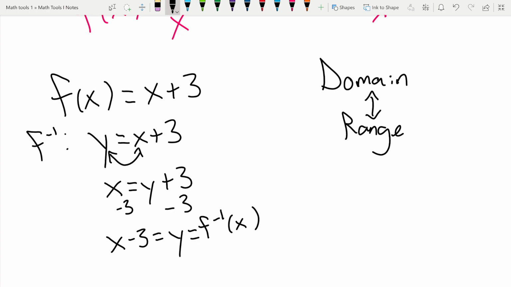It's kind of easier to switch back to the y notation here, but you can keep the f notation just as well. Like if you start with f of x equals x plus 3, maybe then you write x equals f inverse plus 3, like that, right? And then you solve for f inverse.